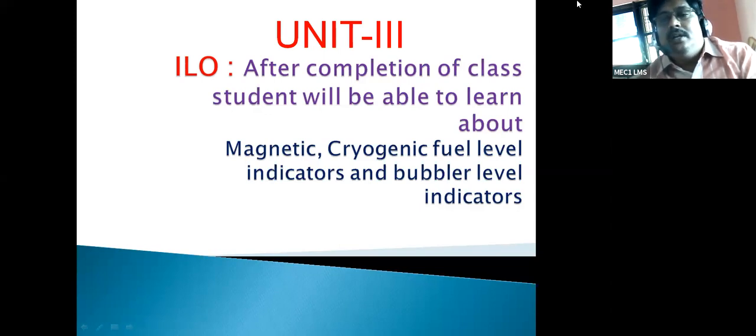And then after that, we discussed two sensors, that is a capacitive level measurement sensor and an ultrasonic level indicator. In the capacitive sensor, two parallel plates are dipped into the vessel containing the liquid whose level has to be measured.